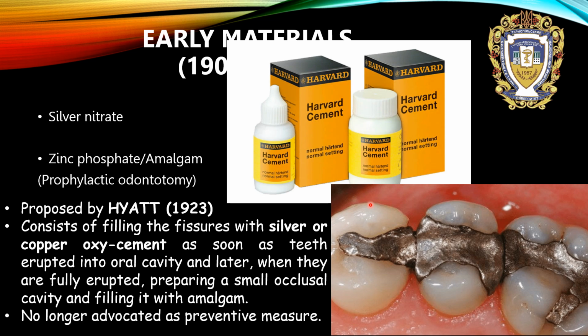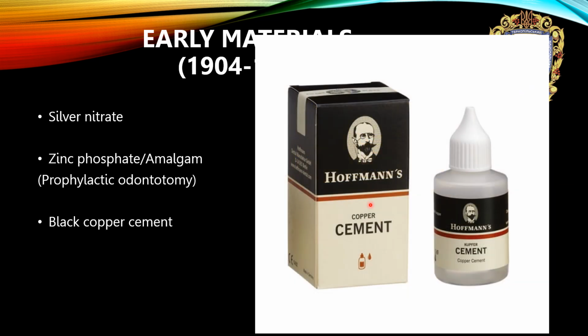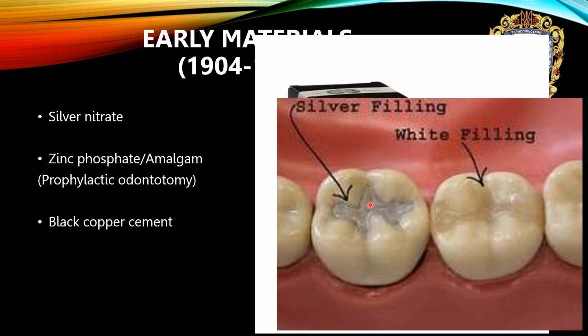This method was proposed by Hyatt in 1923 and consists of filling the fissures with silver or copper oxycement as soon as the tooth has erupted into the oral cavity, and later when it is fully erupted, preparing a small occlusal cavity and filling it with amalgam. As you can understand, this method is no longer advocated as a preventive measure.